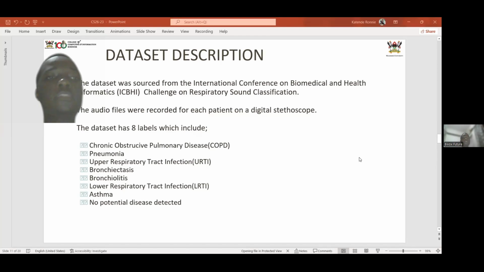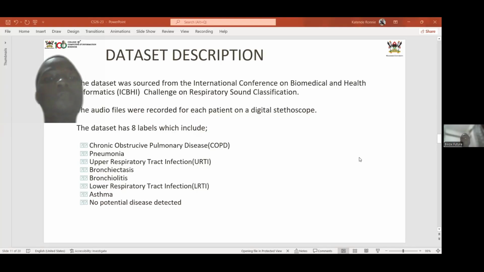We're still continuing. This dataset was specifically obtained from Hugging Face. It contains stethoscope recordings of 126 patients from various hospitals, from different wards and clinical centers.